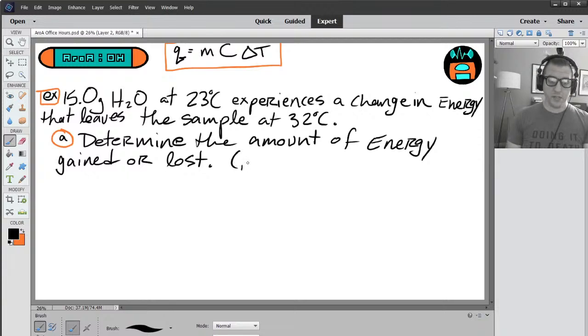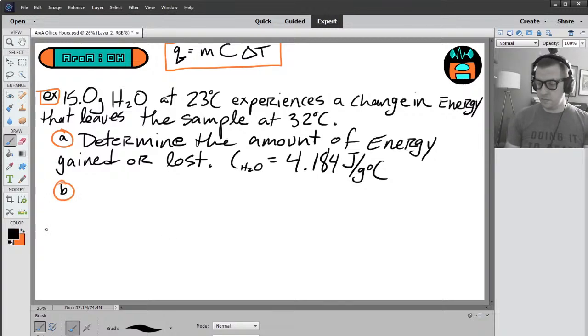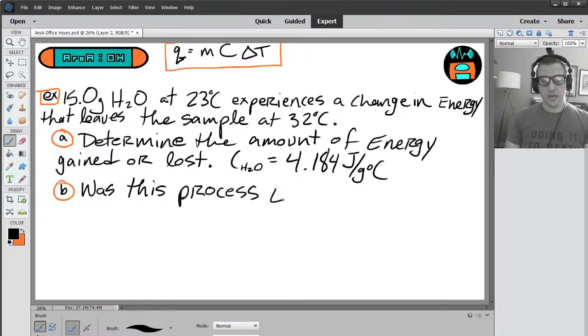Also know that the specific heat capacity of water is 4.184 joules per gram degree Celsius. And then part B is, was this process exothermic or endothermic?